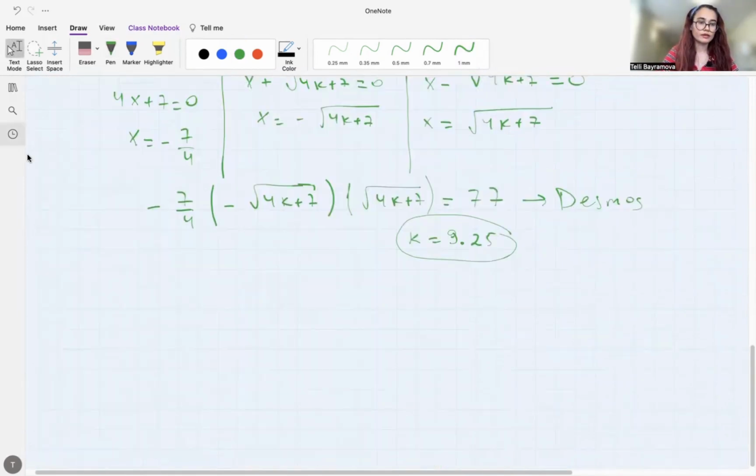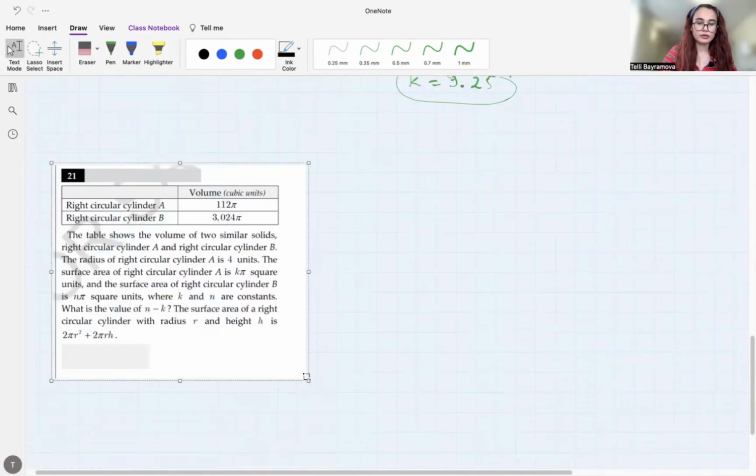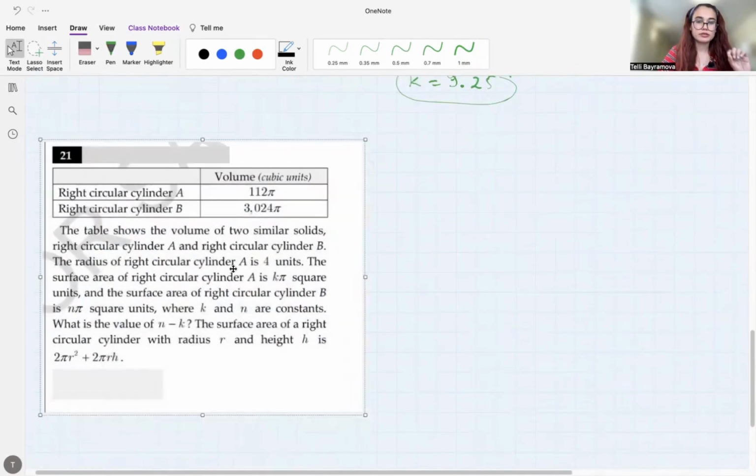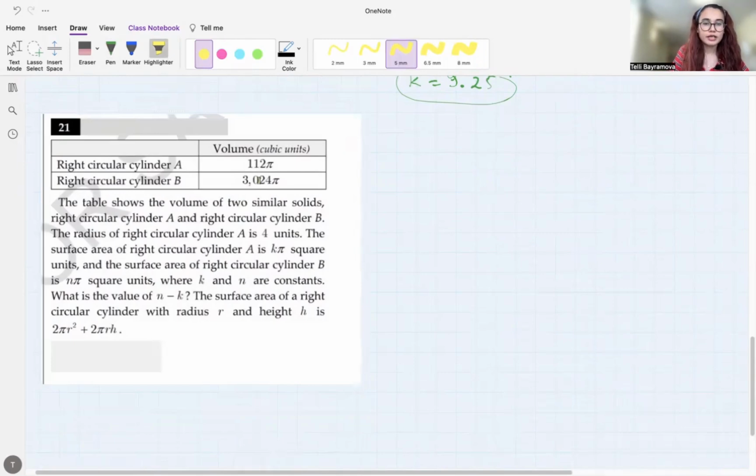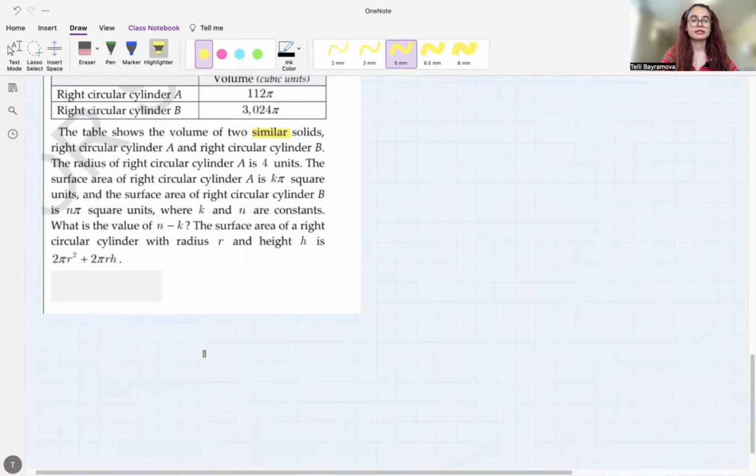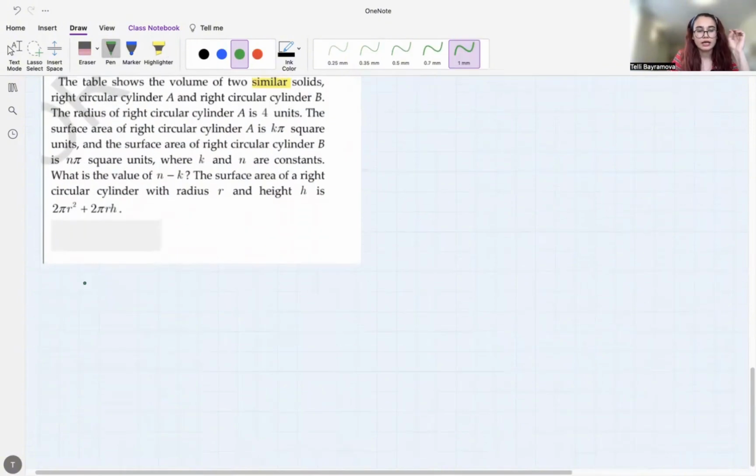Before doing this question, you need to know the ratio problems for similar solids and similar shapes, okay? Most probably, guys, you will see this kind of question in the May exam. So let's say radius 1 over radius 2, height 1 over height 2, or circumference 1 over circumference 2.